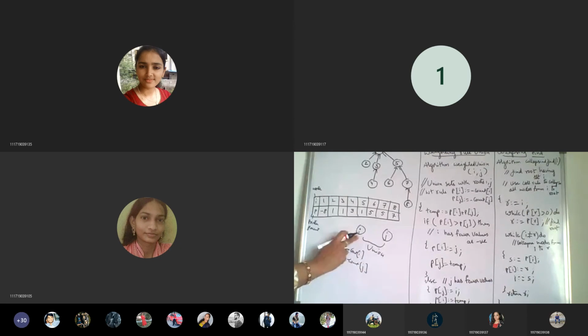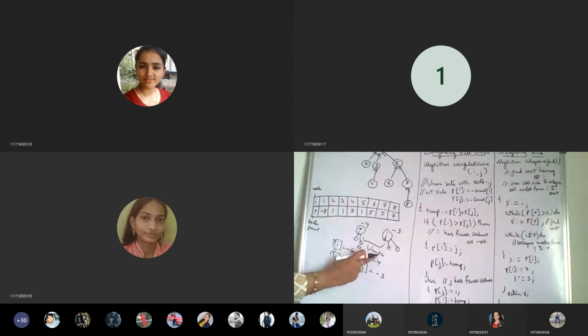Say suppose this root has -4 and this root has -3, just for example. So P of I, this is the I node, is minus the number of nodes, -4. And P of j, this is j, is -3.